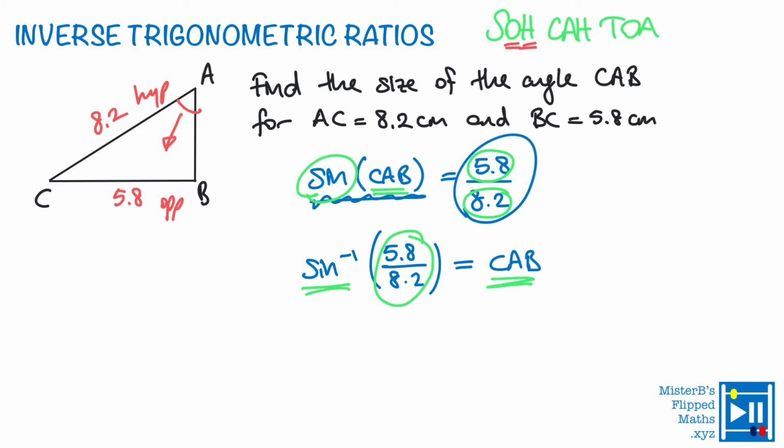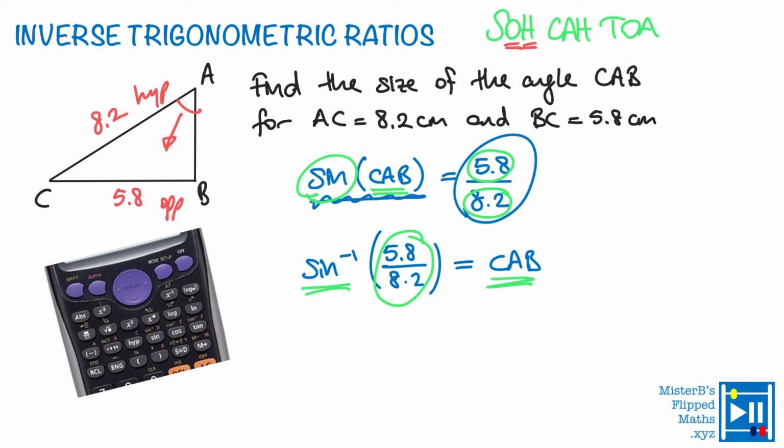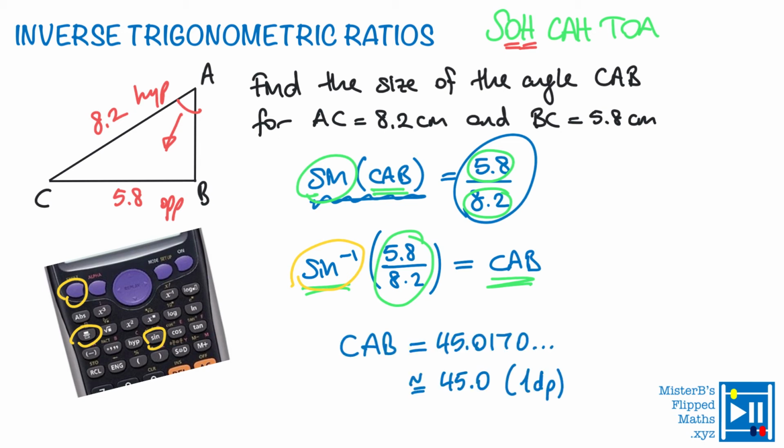At this point I'm going to use my calculator, press shift and then sine, so that I'm going to get sine inverse, and then press the fraction button to write the fractions, and when I hit equal sign I'm going to get the result. Of course this will be a decimal which you have to round according to what the question gives you, but by default the angles round to 1 decimal place. So this answer will be 45 degrees.